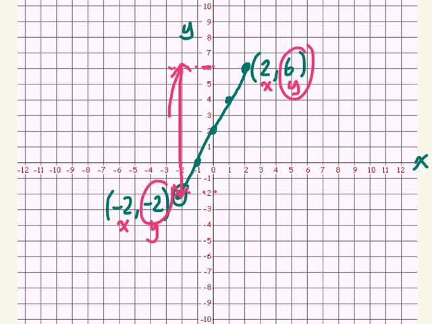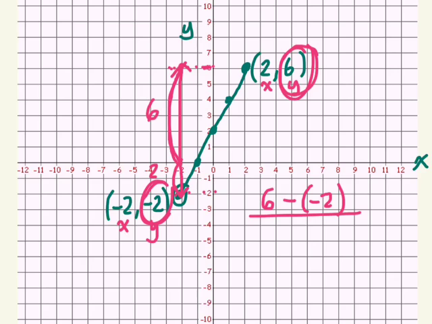From 0 to 6 is, and from here to here is altogether. So we can actually subtract these values. We can subtract the y values. 6, take away -2. That's my rise, correct? We're finding the difference from those points.